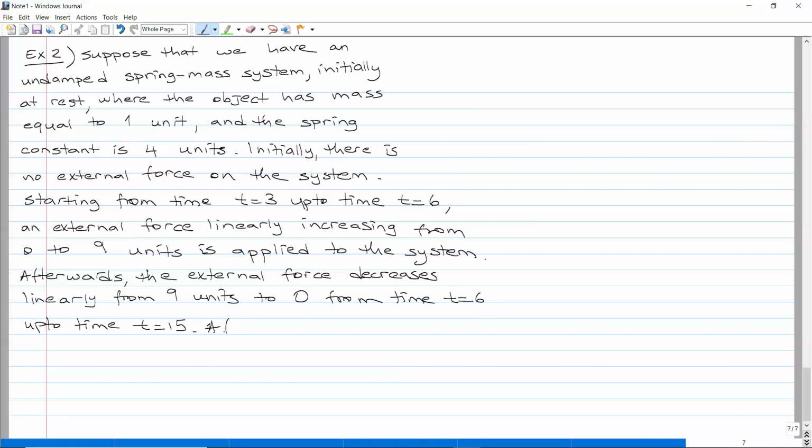After t equals 15, the system is free again.